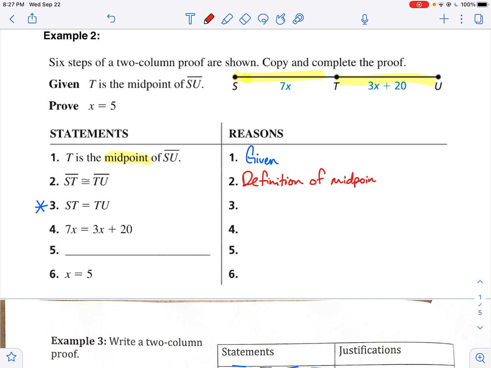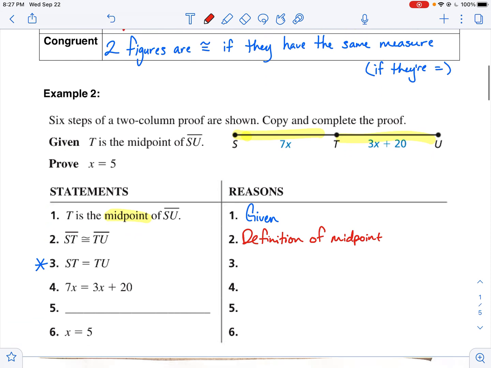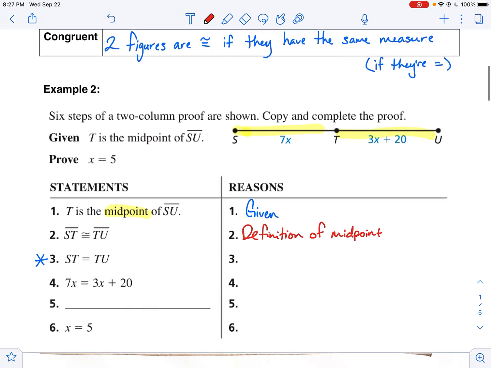Because we knew what the word midpoint was, we were able to say, well, if T is a midpoint, then ST is congruent to TU by the definition of midpoint.